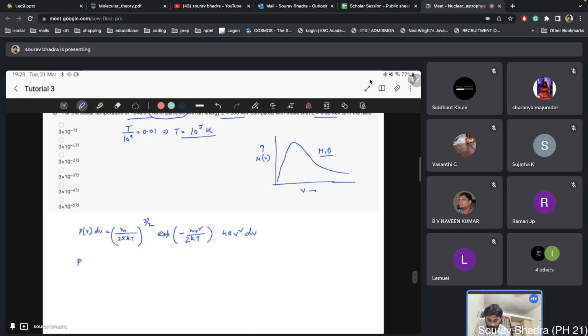Now if we convert it to E, because we can always convert it to P(E) dE, since E is actually half mv square, the kinetic energy of a particle, that can be written as (m by 2 pi kT) to the power 3 by 2 times exponential, with mv square by 2 replaced by E by kT.